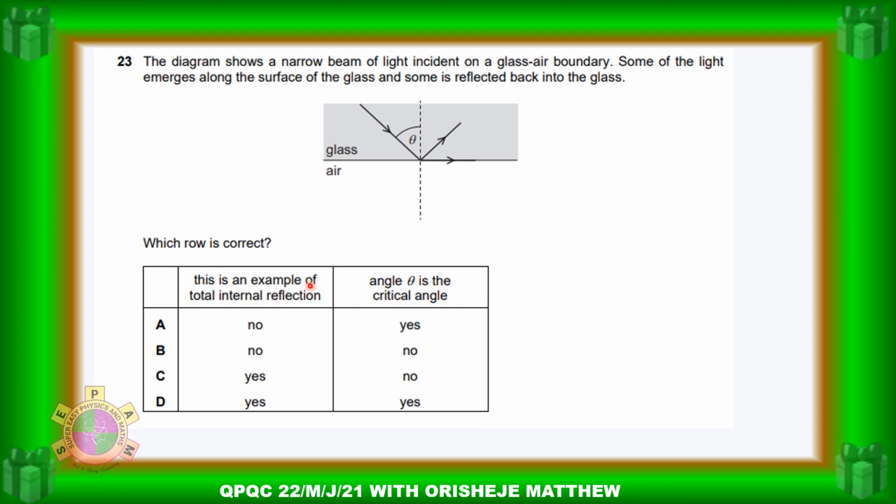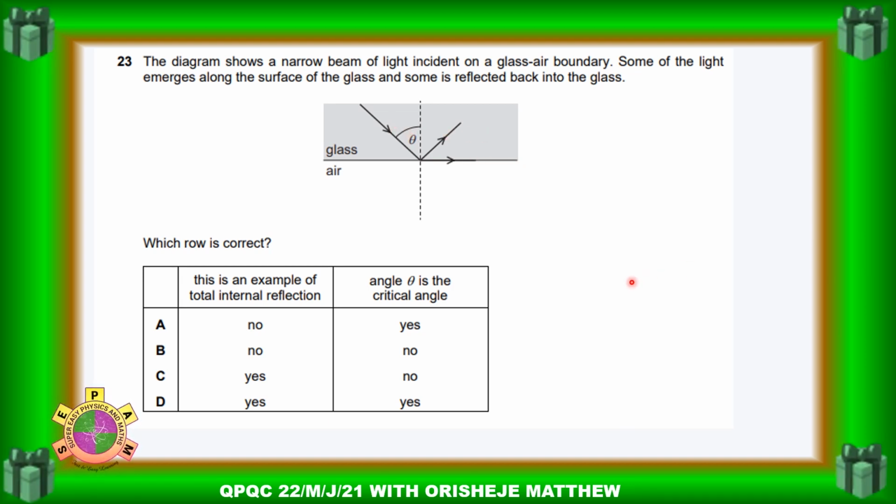Now this is an example of total internal reflection, and the angle theta is the critical angle. The question is analyzing what is the value of this angle. Is it the critical angle? Is it less than the critical angle? Or does total internal reflection take place based on this diagram?